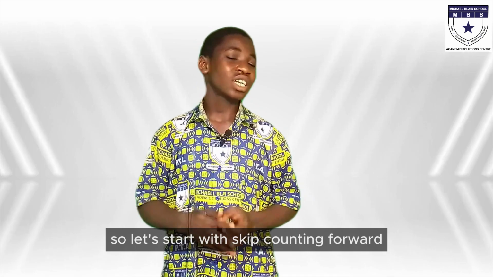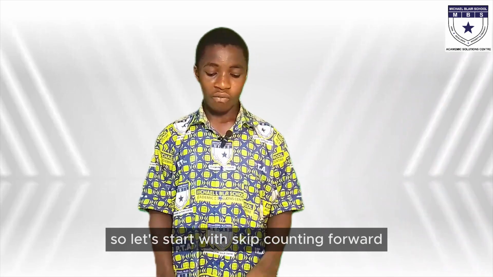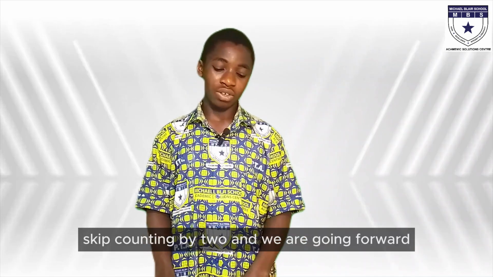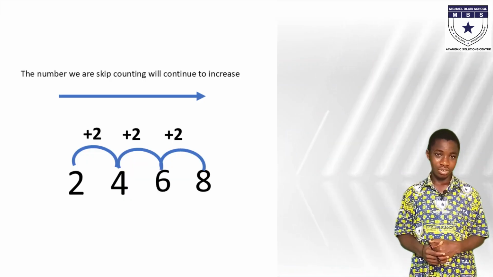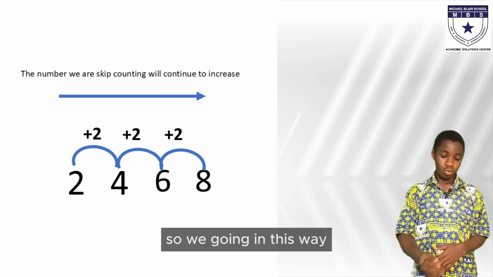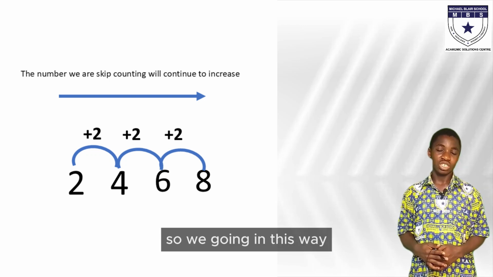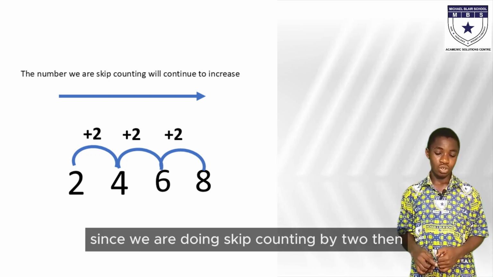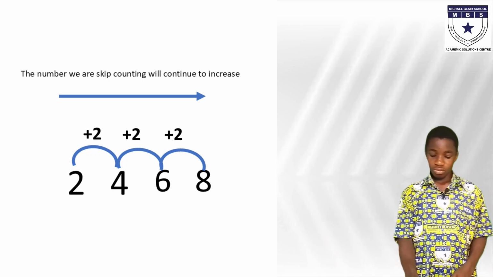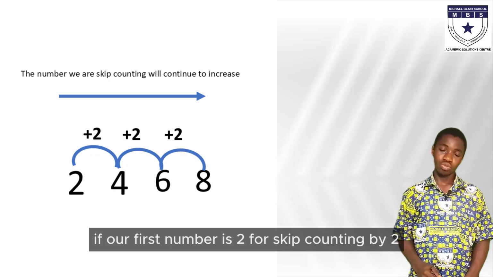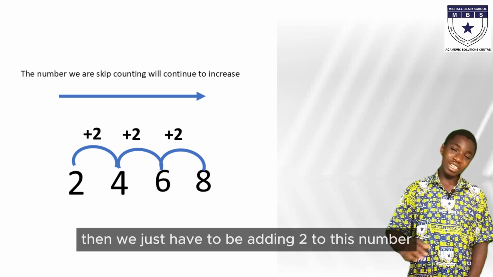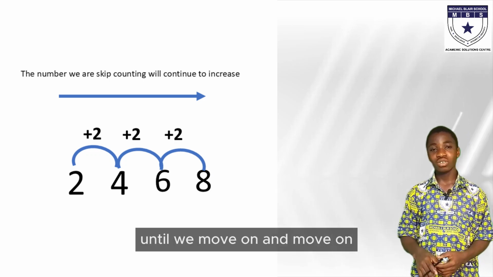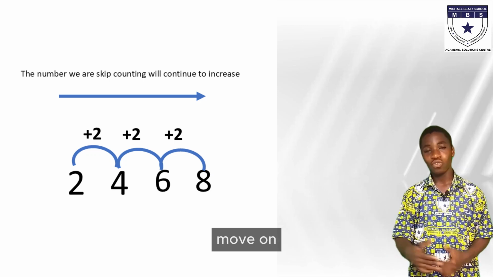So let's start with skip counting forward. Now let's say skip counting by 2 and we are going forward. Since we are doing skip counting by 2, if our first number is 2, then we just have to be adding 2 to this number again and again.